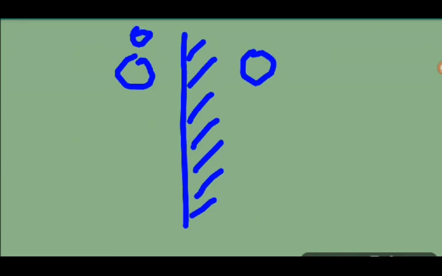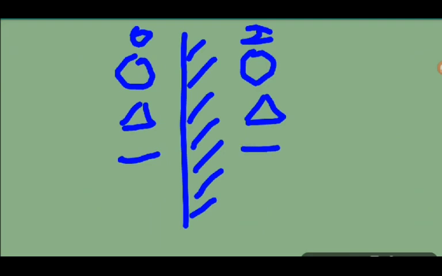Consider this one is the object, and this one represents the image. If you have a triangle, you'll get a triangle. If you have a line, you'll get a line, horizontal or vertical. So how are we going to form the image?